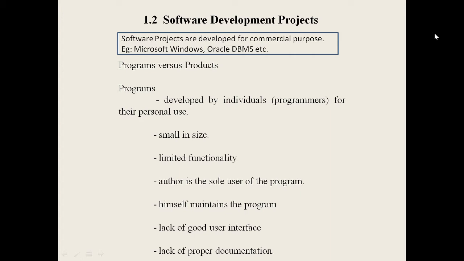That might be a generic purpose, or it may be a complex, sophisticated, specific purpose software. In either case, when we consider the term product, it refers to completely developed software, and this software will be used for commercial purpose.